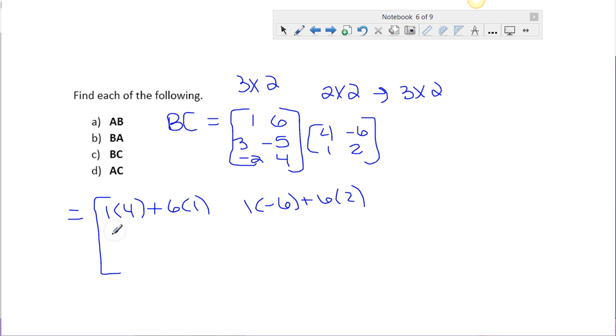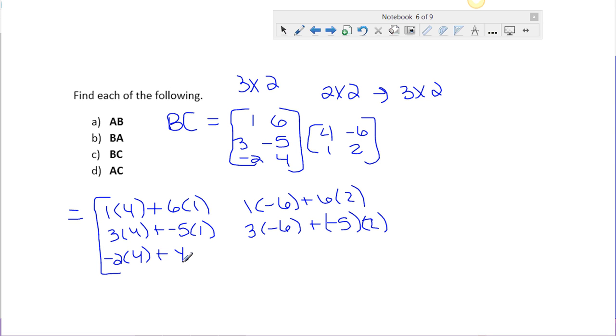Next row, 3 times 4 plus negative 5 times 1, and 3 times negative 6 plus negative 5 times 2. Next, negative 2 times 4 plus 4 times 1, and negative 2 times negative 6 plus 4 times 2.